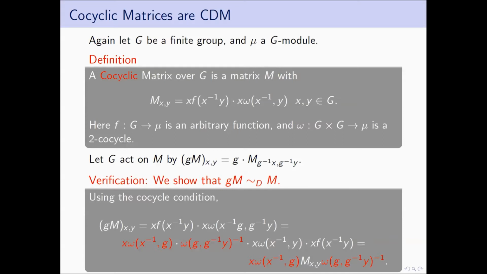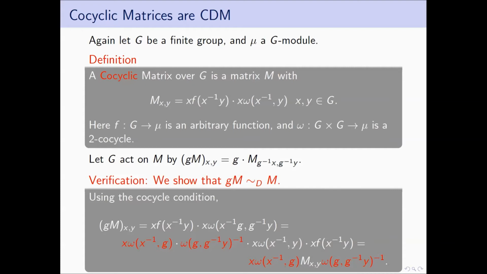I only want to point out that usually the elements here are written as x and y and x times y. For some reason, I thought that the formula would come nicer if it takes x minus 1 and y, but it's the same type of idea.